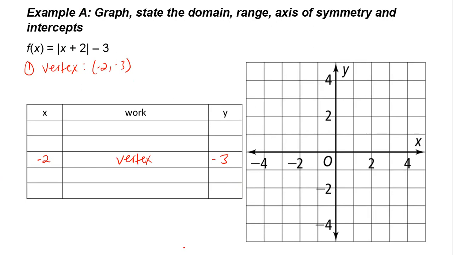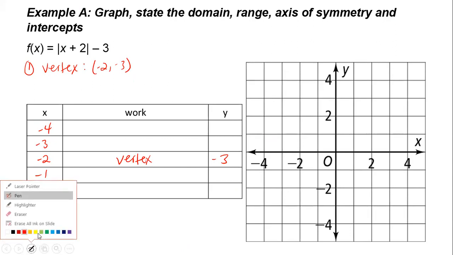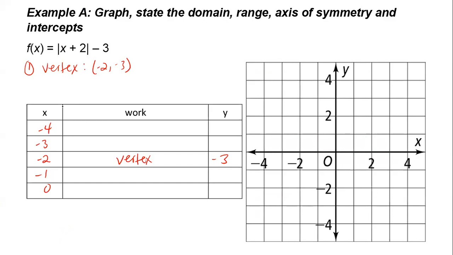Now you're going to choose any 2 points to the left of -2. Where do we want to go for x? I'm just going to do -3 and -4. I'm going to choose 2 points to the right, which is going to be -1 and 0. After you choose those points, you're then going to evaluate into the equation.